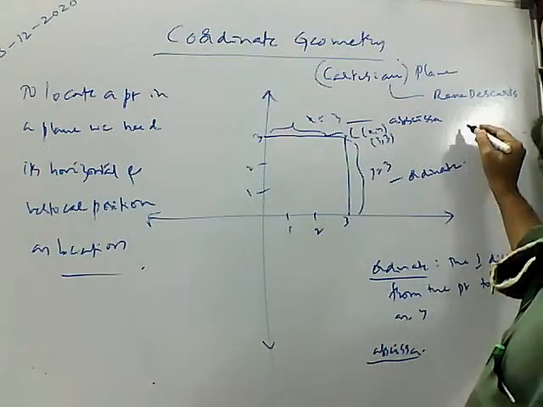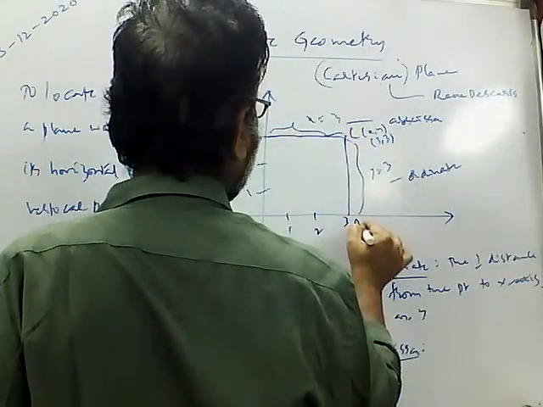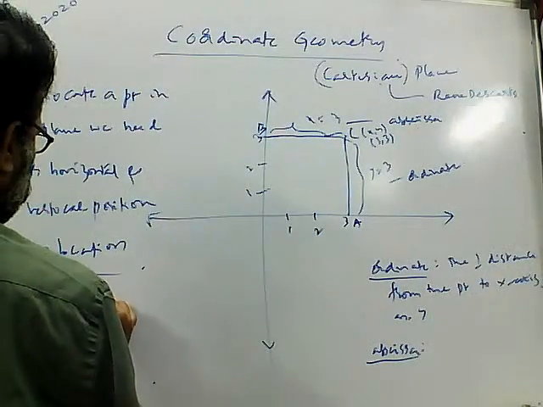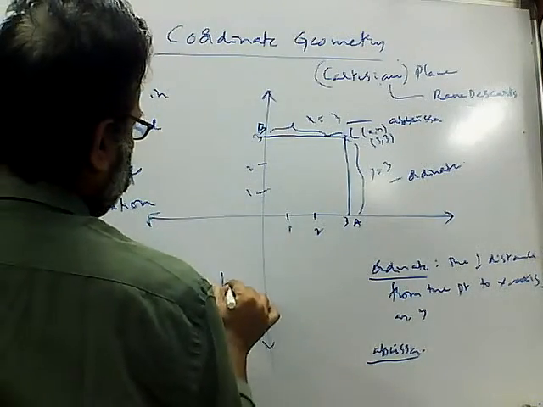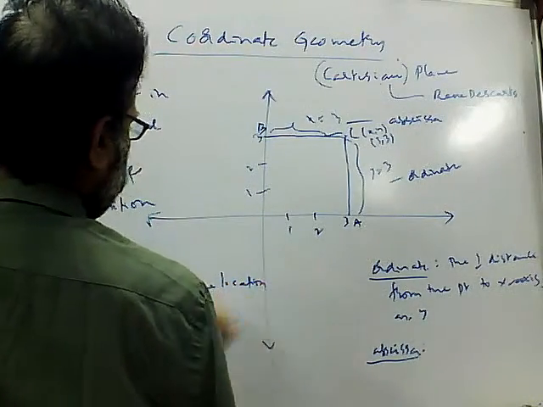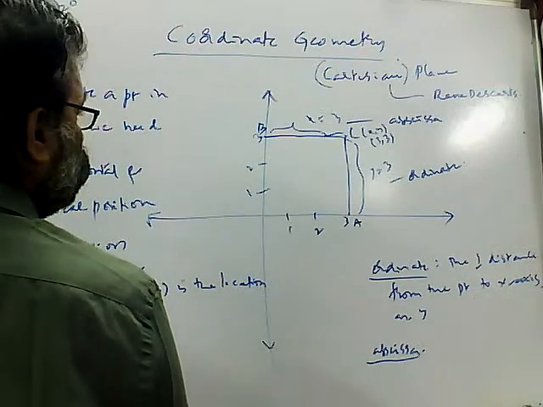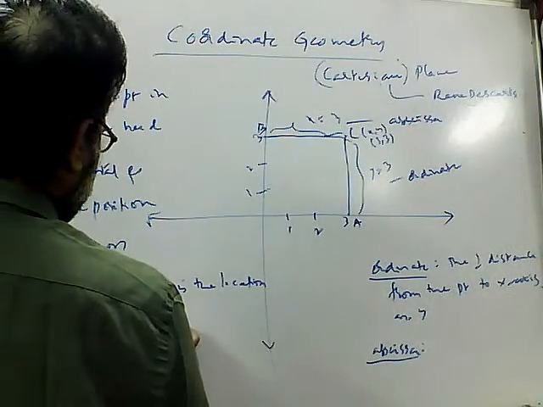So the point here, A, the point C(3, 3), is the location of it in the coordinate plane.